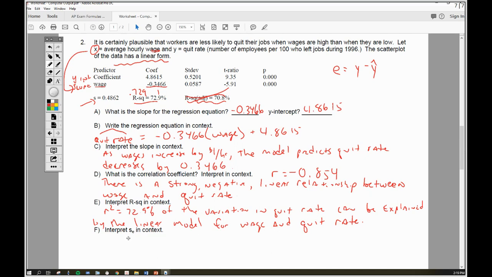Okay, so in context, 0.4862 is the typical difference between observed quit rate than predicted.